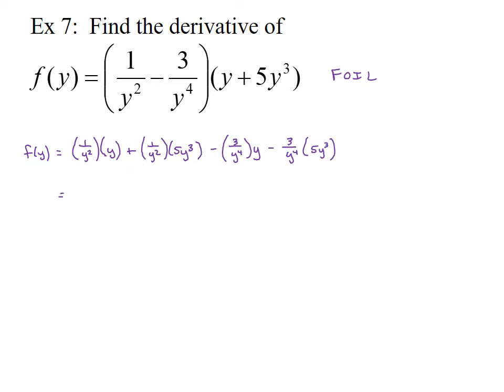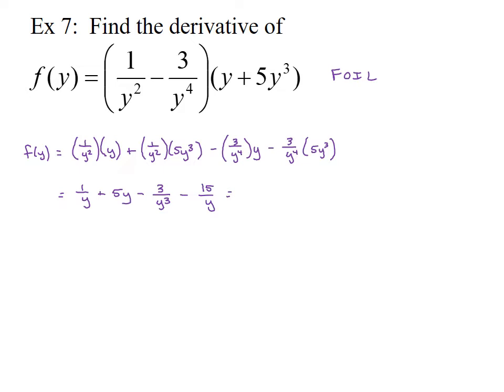By simplifying all four of those products, you should get 1 over y plus 5y minus 3 over y cubed minus 3, sorry, not minus 3, sorry. 3 times 5 is 15, not 3. Let me get rid of the 3. There we go. 3 times 5 is 15 over y.